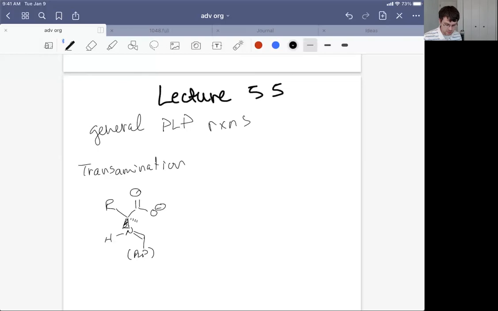So when I see PLP, I recognize that I can support a negative charge at the alpha position through just a deprotonation. I'm going to have a base come in and deprotonate. That's going to form a negative charge at this alpha position.